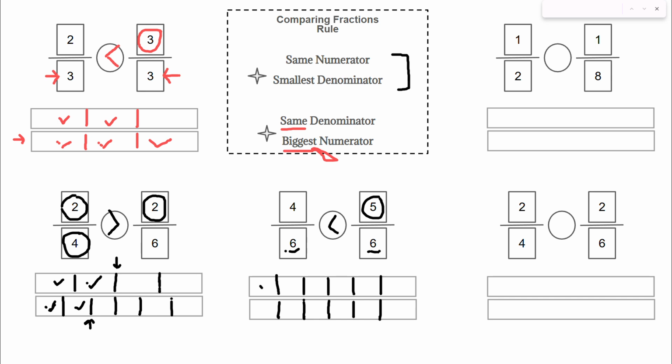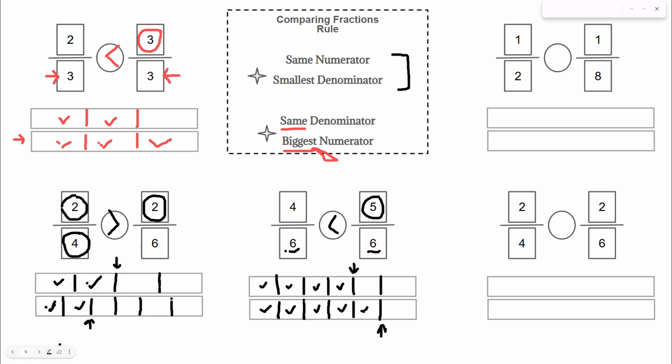And we have 1, 2, 3, 4. 1, 2, 3, 4, 5, 6. So we have 4/6 on top, 5/6 on the bottom. Obviously, this one ends right here, and this one ends right here. Therefore, the bigger fraction is 5/6. So the answer is going to be read as following: 4/6 is less than 5/6.